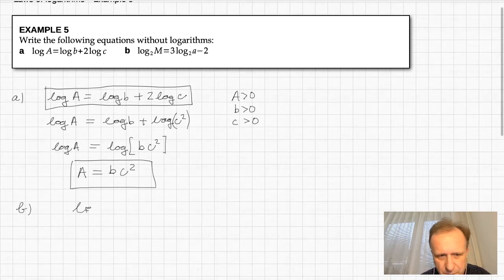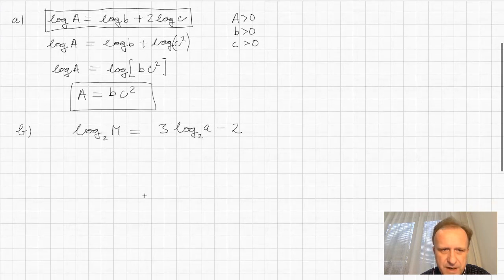We have logarithm in base 2 of m equals 3 times logarithm in base 2 of a minus 2. Okay, so this one is a little bit harder. So again, let me aim for having a single logarithm on the left hand side and a single logarithm on the right hand side.